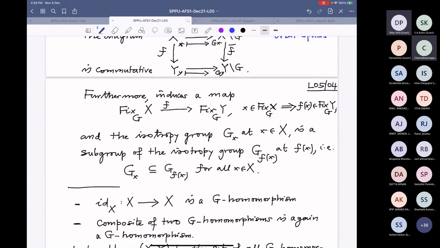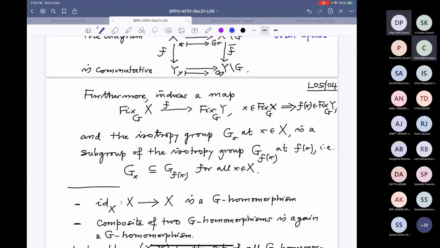No problem. Now, immediately after the definition, you should have some examples of this kind. So first of all, the identity map of a G-space is always a G-homomorphism. The composite of two G-homomorphisms is again a G-homomorphism. Such things you would have checked many times in many different contexts, and the strategy is similar: the composite of continuous maps is continuous, the identity map is always continuous, and things like that.